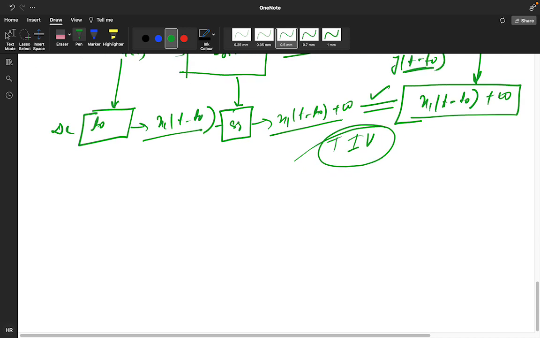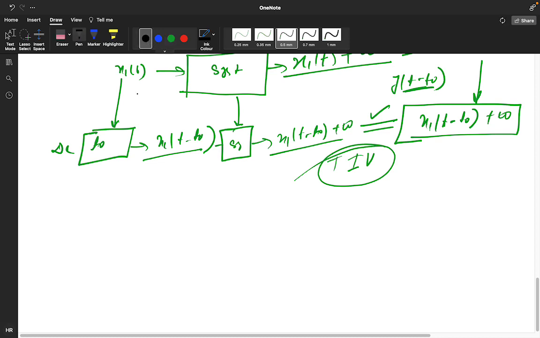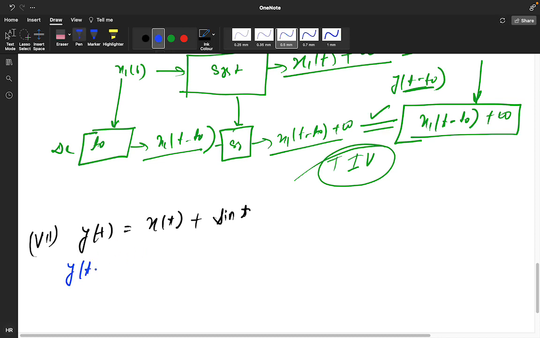What about this? y of t is equal to x of t plus sine t. If you find y of t minus t naught, what will come? x of t minus t naught plus sine of t minus t naught.